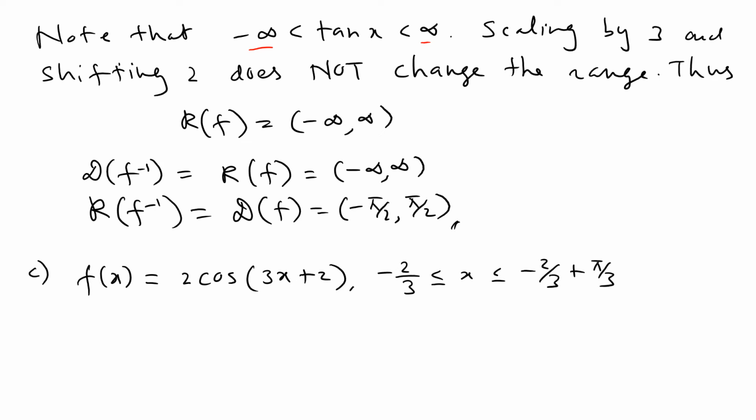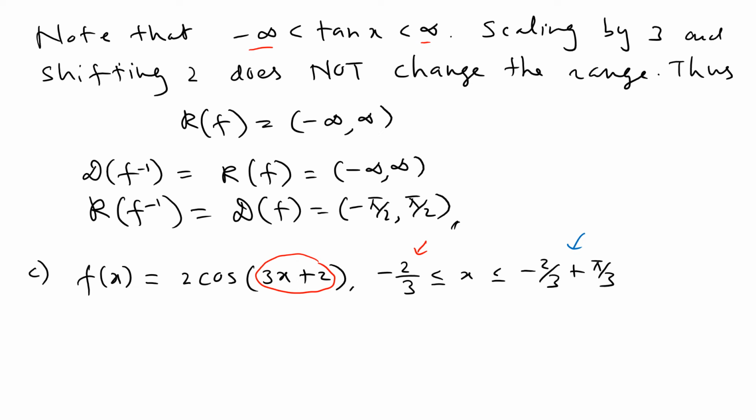So you can see why we pick this: you just pick a number and then do some manipulations. If you use the starting value and the ending value, and plug in negative 2/3, this term simply becomes 0, since 3x plus 2 is 0. And if you plug in the other value, 3x plus 2 simply becomes pi.